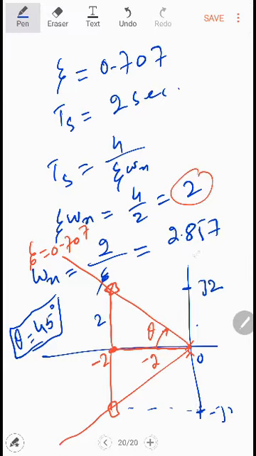Now the angle is given, and due to the symmetry we have the closed loop points also. We will develop the control system using these closed loop poles, this one and this one.